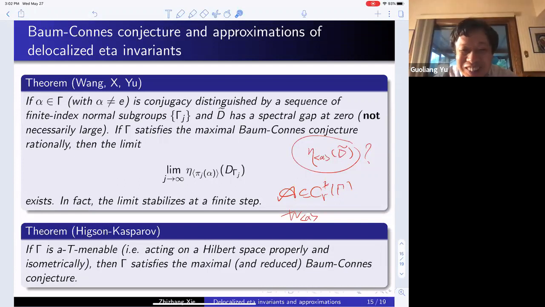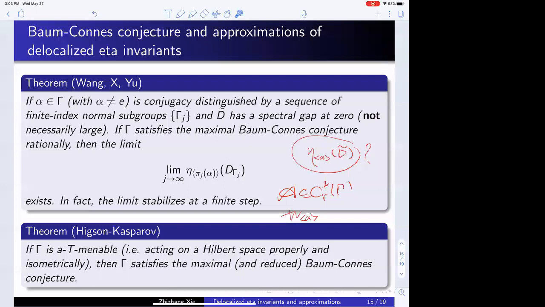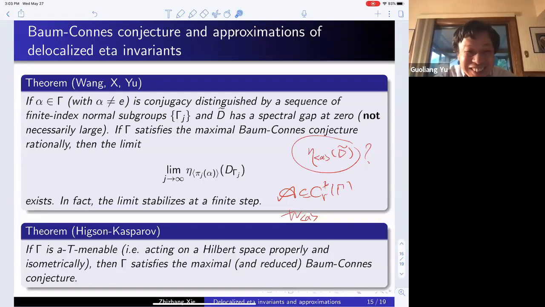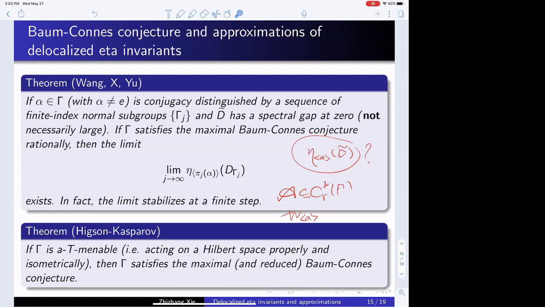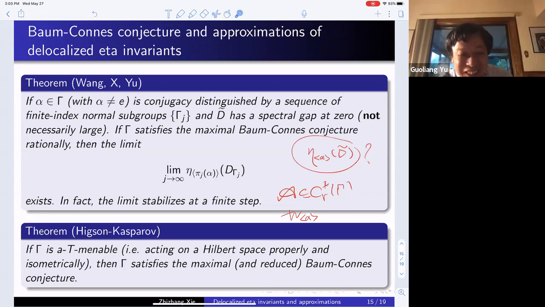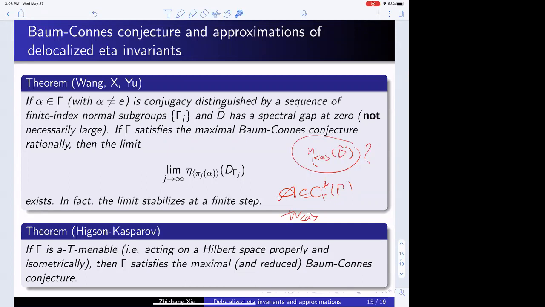Your eta invariant brought all those troubles. It's disastrous. Are you sure it is regular at 0? Yeah, well, I don't know. Maybe they're angry at us. It is regular at 0. Unfortunately, no matter how angry they are, it's regular at 0.